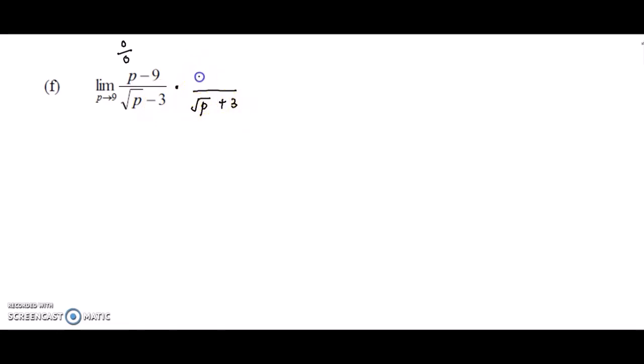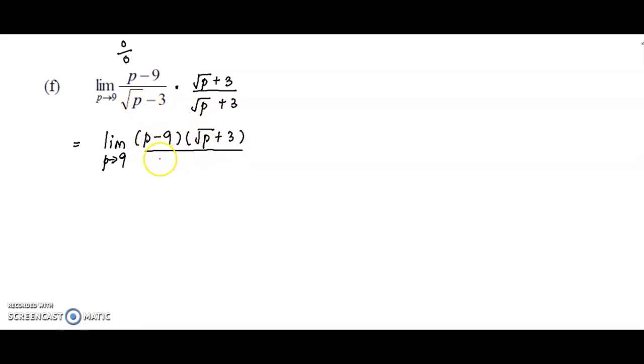On top of it, you need to multiply by the same thing. Numerator, you need to multiply by the same thing so that this becomes 1. After that, you just expand the conjugate. The numerator do not need to expand. You just use a bracket to separate them.